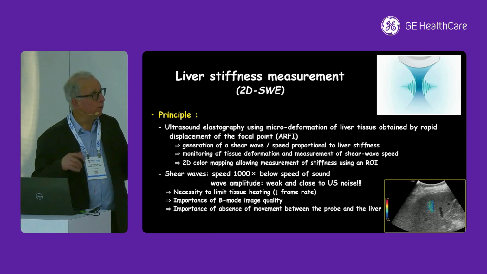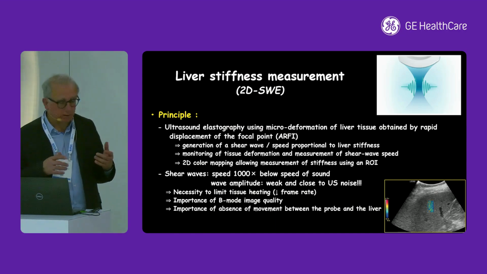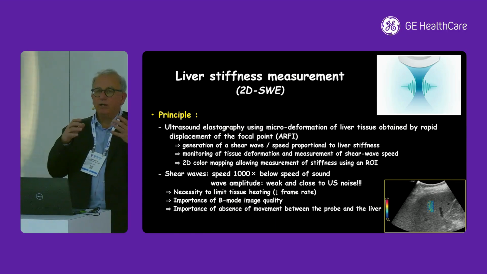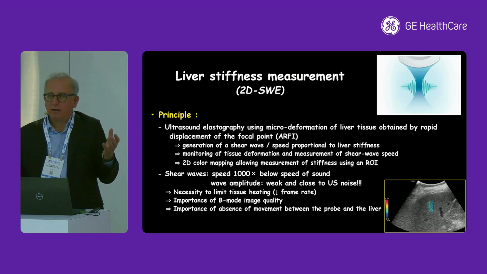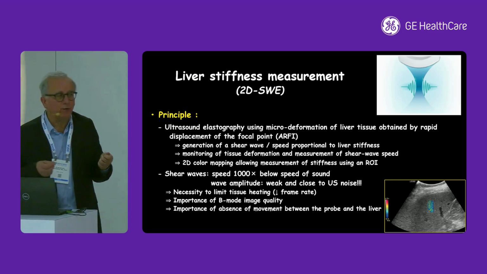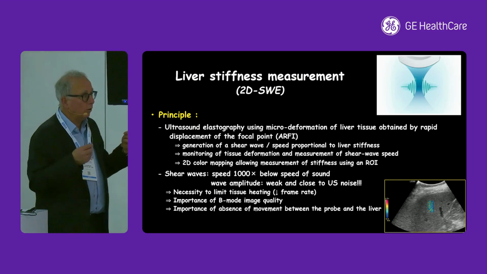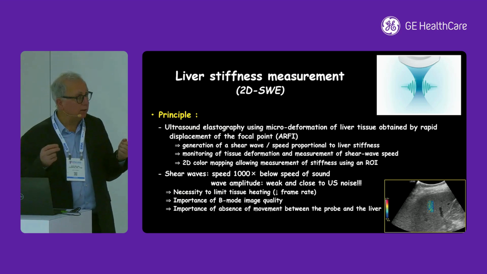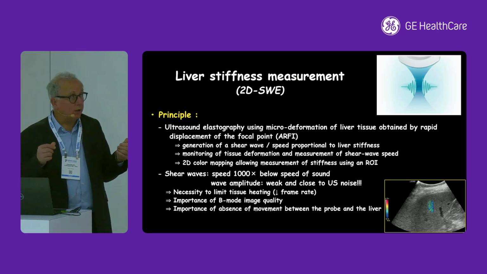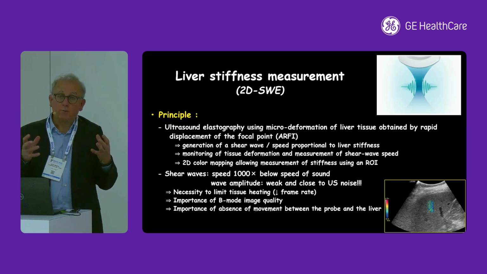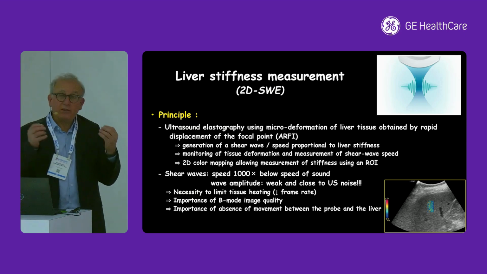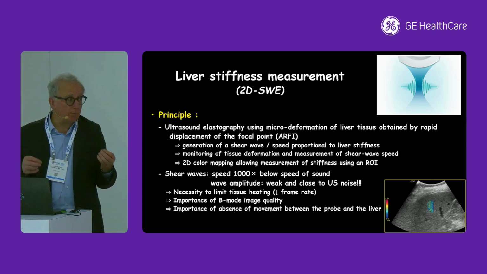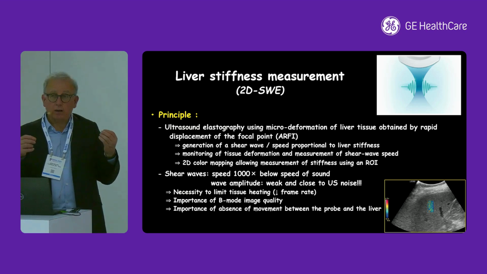So liver stiffness measurement seems very easy, but it is a very difficult measurement, and all companies have been doing a great job in getting this measurement, because the amplitude of the shear wave is 1,000 times below the amplitude of the speed of sound.